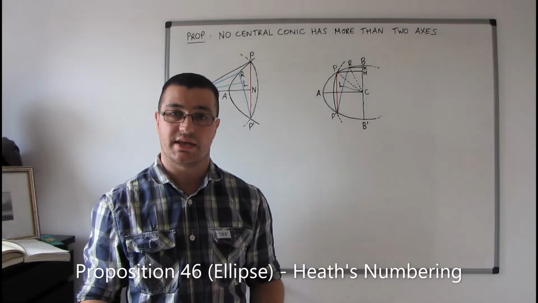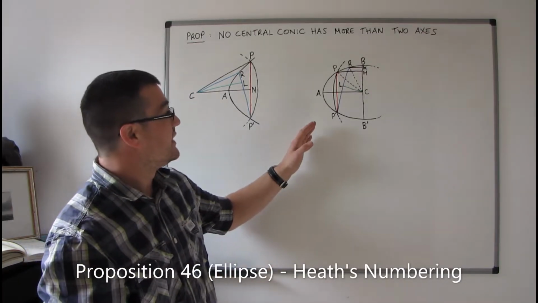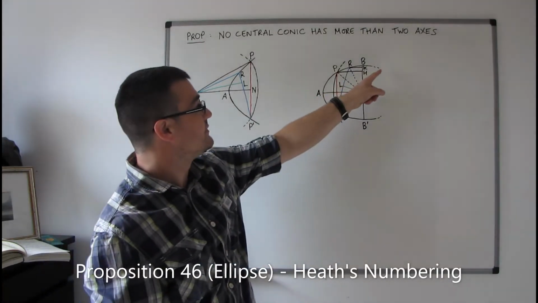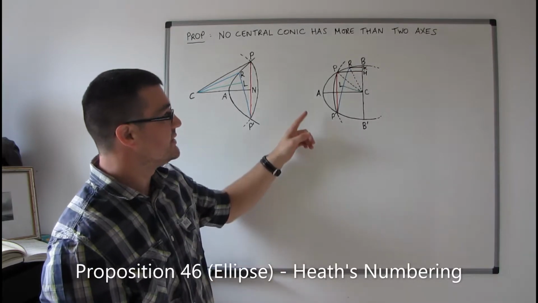Let's have a look now at the case of the ellipse for this proposition 46. This is the relevant diagram for this particular part of the proposition. We've got the ellipse in here. I've not drawn it all in because we don't need the whole ellipse drawn in.